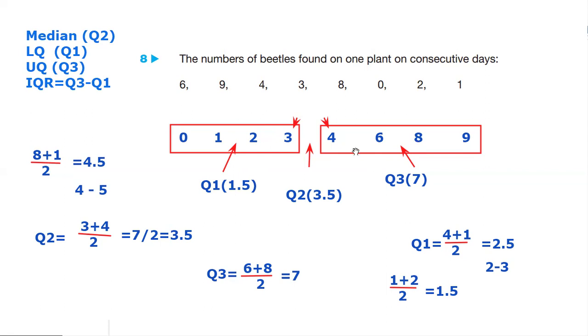Find the median here, find the median here. The median here will be Q1, the median here will be Q3, and the last thing is the IQR. You find it by subtracting Q3 minus Q1. So it will be 7 minus 1.5, and the answer will be 5.5.